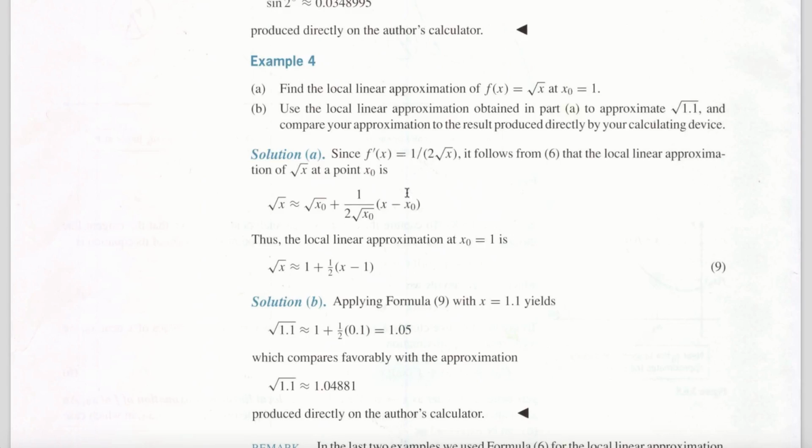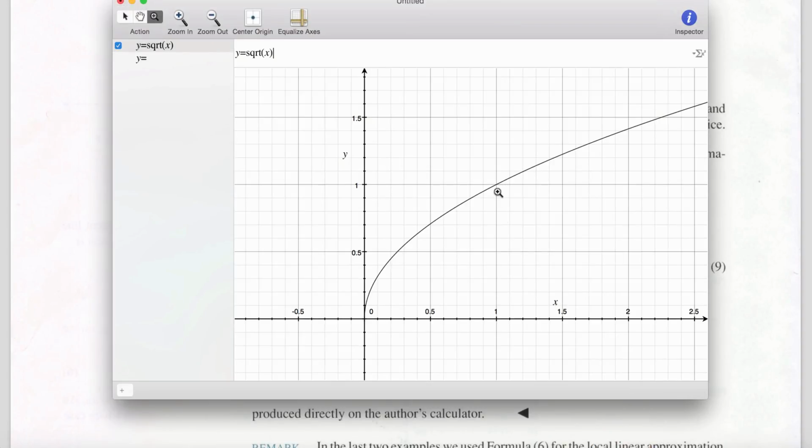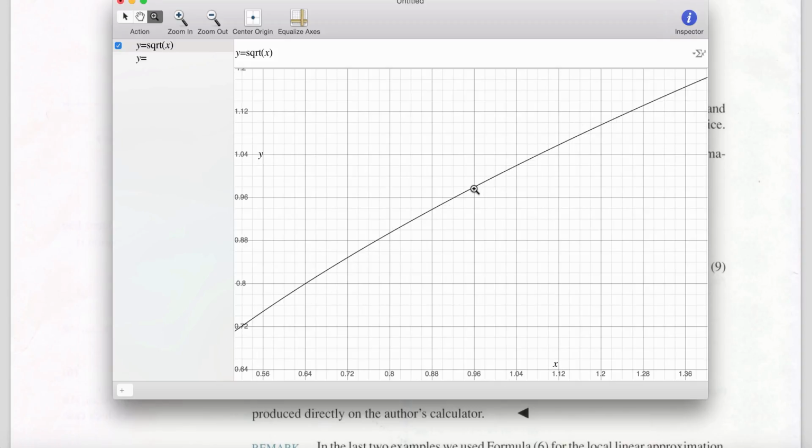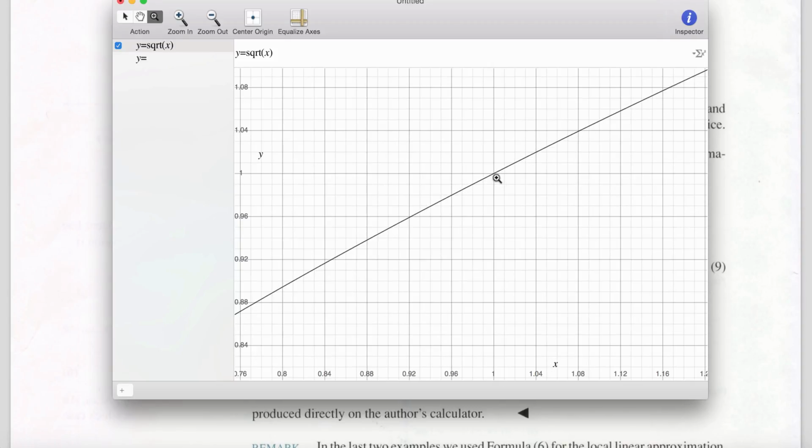And according to this, we want to find a local linear approximation of this function when x naught is 1. So what we do is we zoom in on the region where x is 1. Zoom in. Already it's starting to look like a line. And here we go. So that's actually a pretty good region right there.